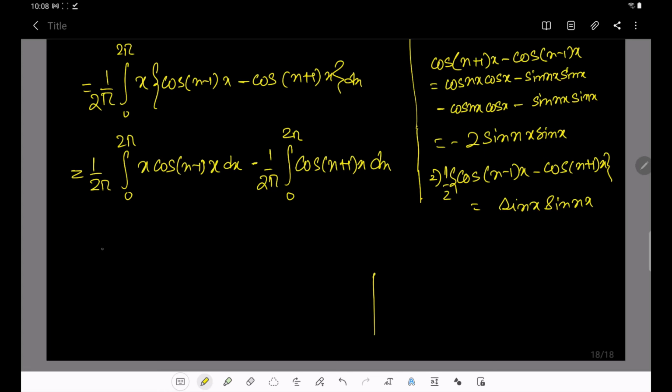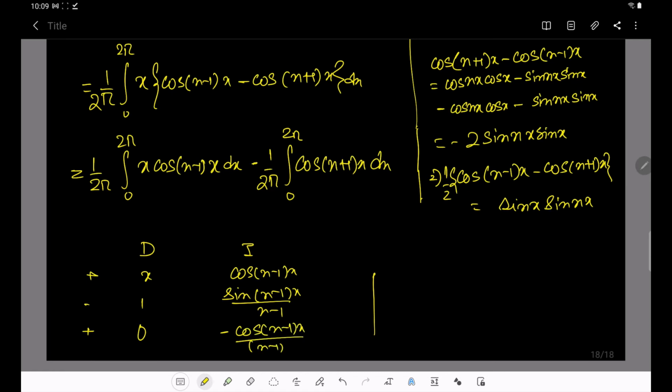Now do the things: D, I, plus, minus, plus. x cos of n minus 1 x, 1, 0. That would be sine of n minus 1 x by n minus 1, and it would be minus cos of n minus 1 x by n minus 1 whole square.